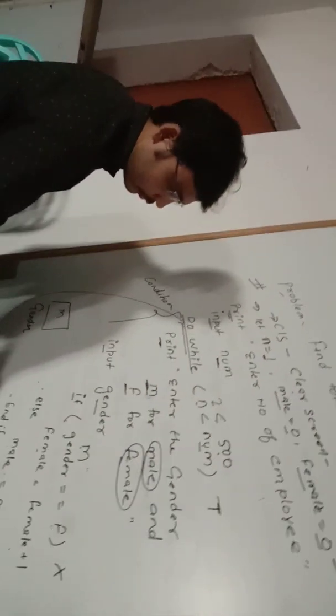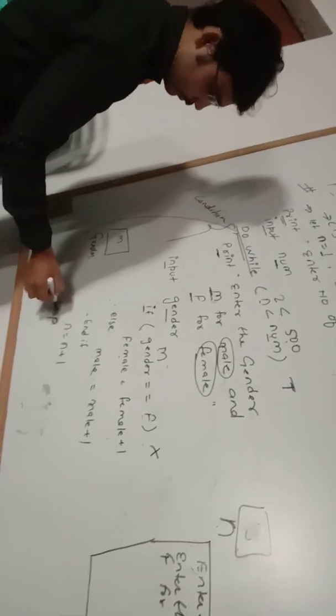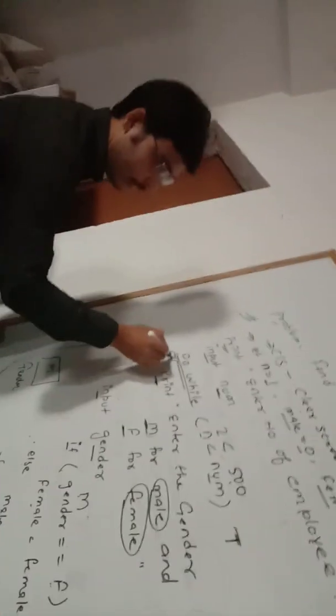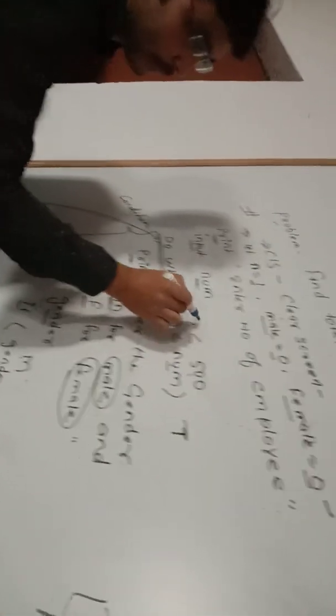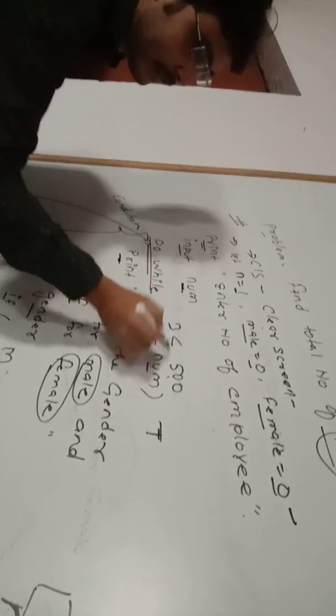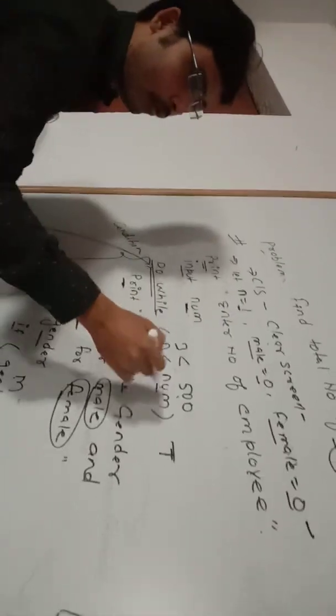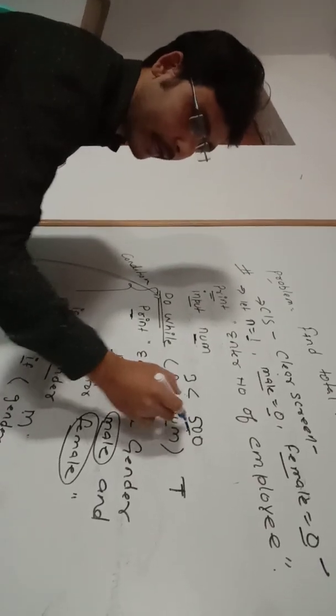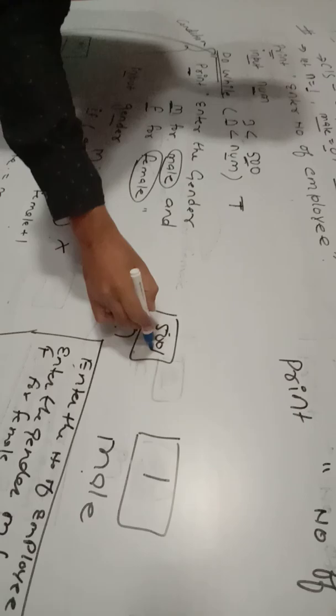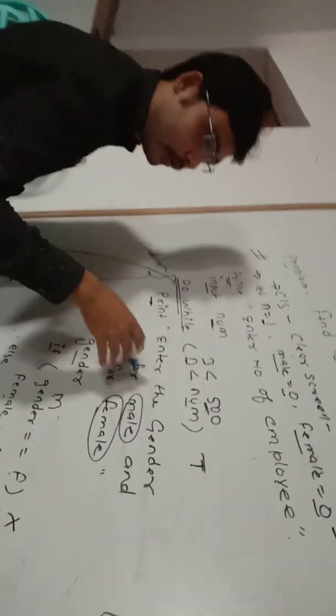Again the loop goes to the do while and checks n is 3 and 3 is less than 500. It will go on until 500. Until the end, when the value of n is 501, it will continue running.